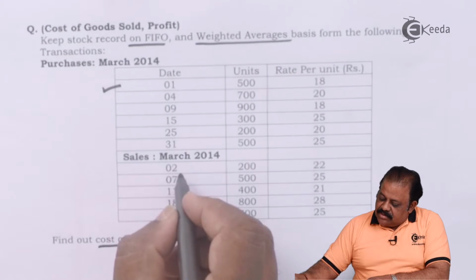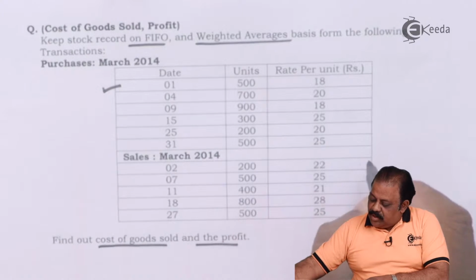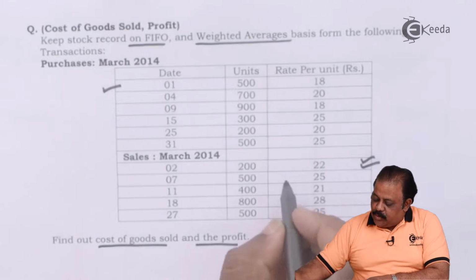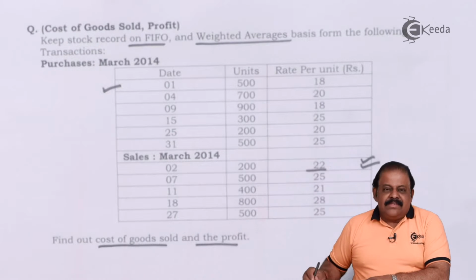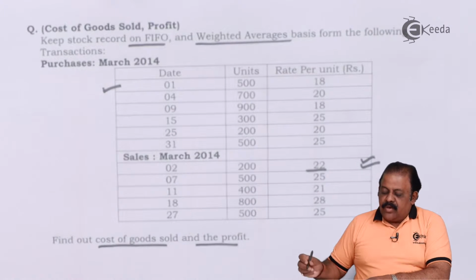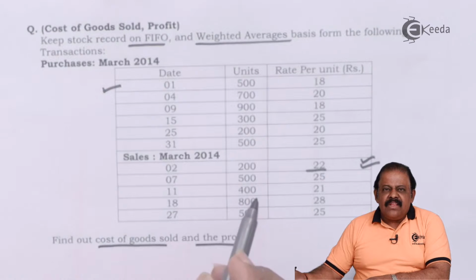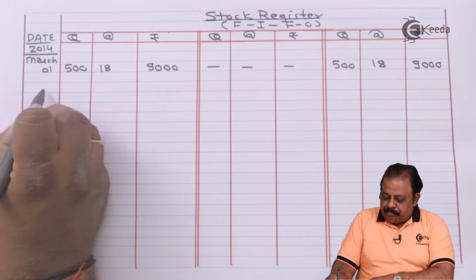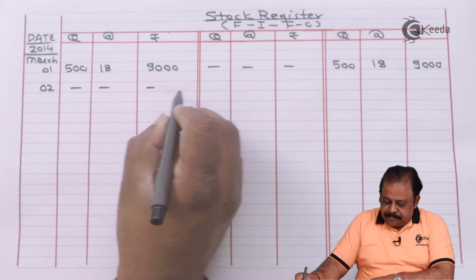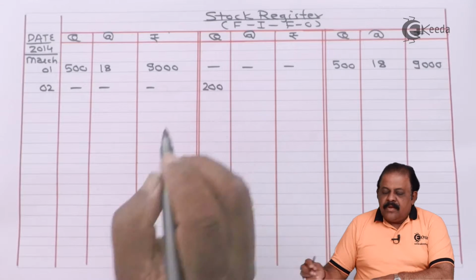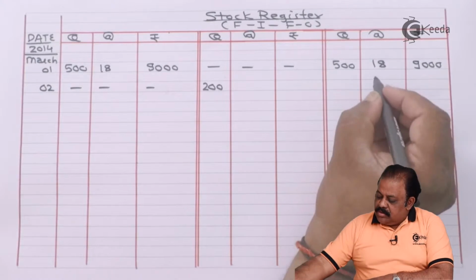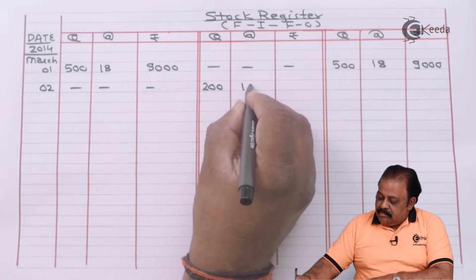On 2nd March there is sale of 200 units at the rate of 22. We are going to ignore selling price. We are going to record issues at cost. 200 units are sold, cost is 18.